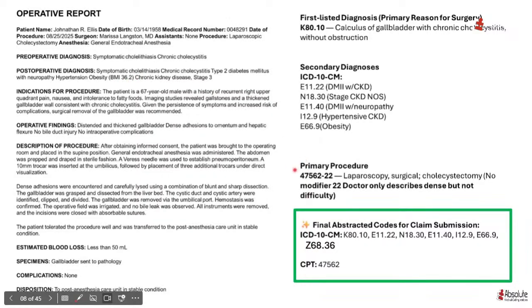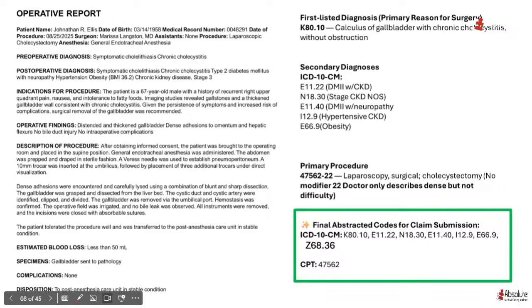And then the primary procedure, 47562 with 22 modifier. I ruled against the 22 modifier because although the doctor said the adhesions were dense, the doctor didn't say that there was any degree of difficulty. So you can't say that there was increased procedural service, right? Yeah, outstanding. Alex nailed that.